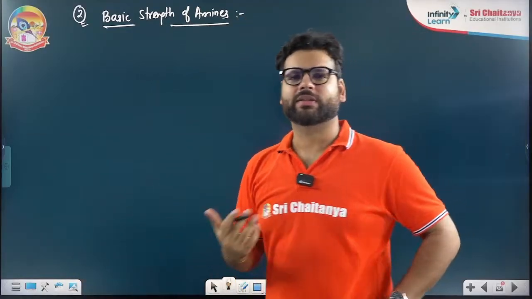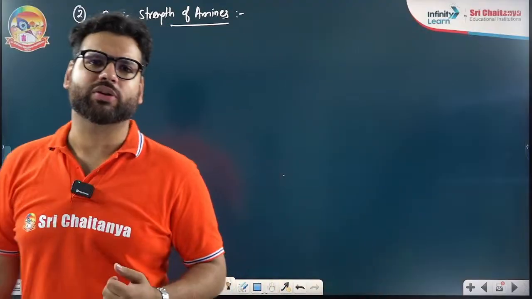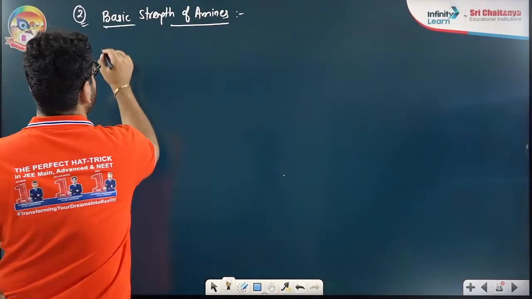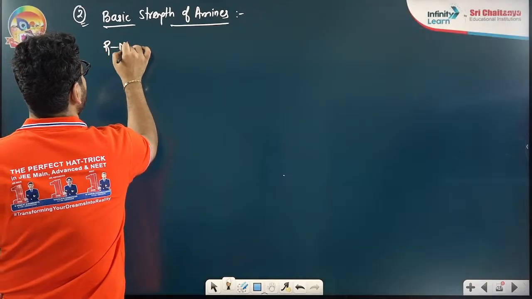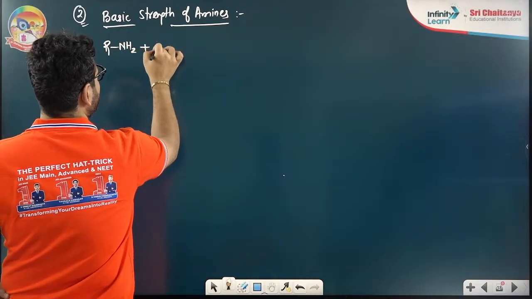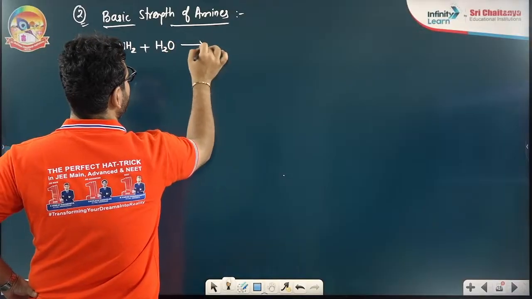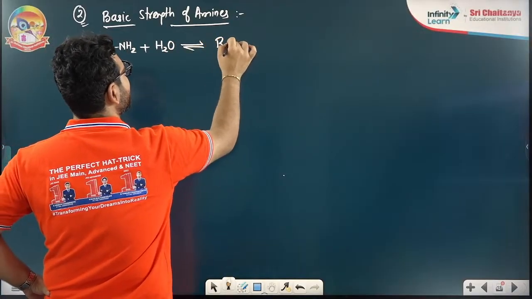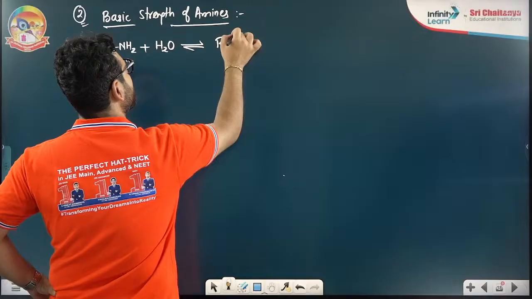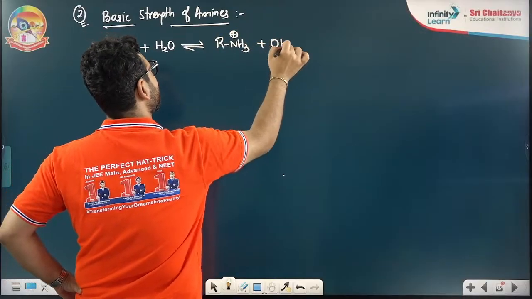Donors increase the basic strength, pullers increase the acidic strength. So whenever you take an amine that looks like this, RNH2, it is a primary amine. If it goes to water, it will collect an H plus from there, giving you RNH3 positive and OH negative.